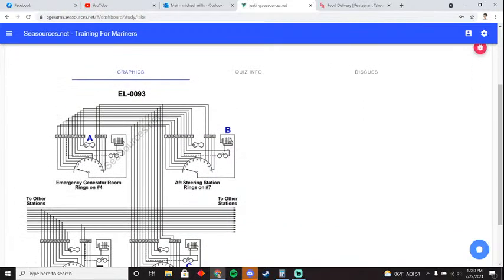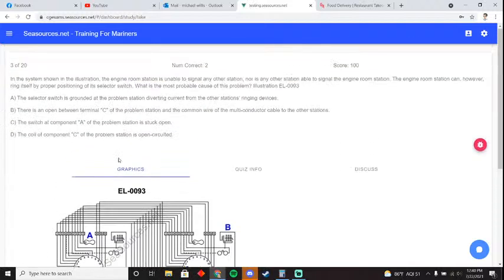Now, this is a little hand generator, and that little hand generator is for a bell. And you have this little selector switch, right? And each of these little numbers represents a circuit. And each of these circuits goes to another sound-powered telephone.